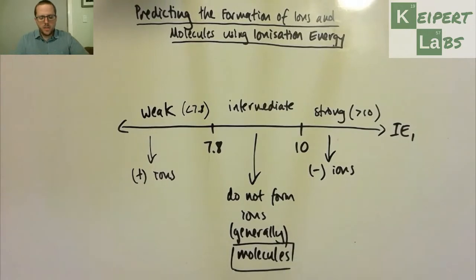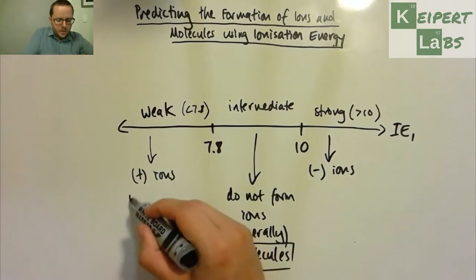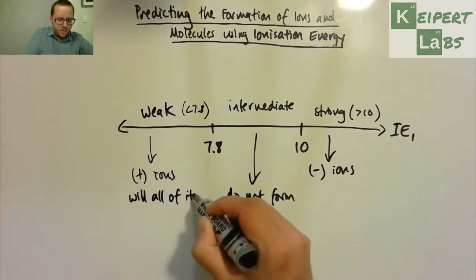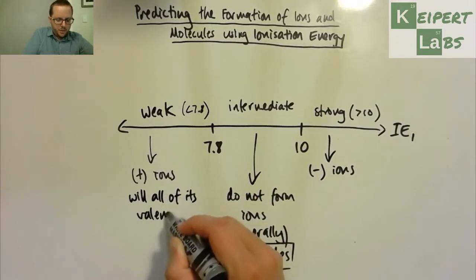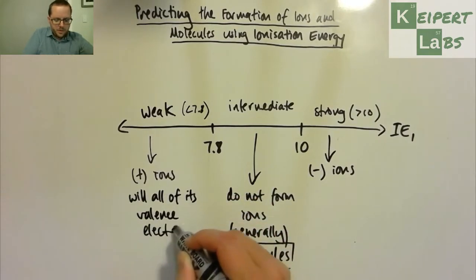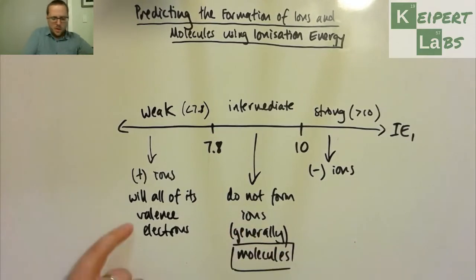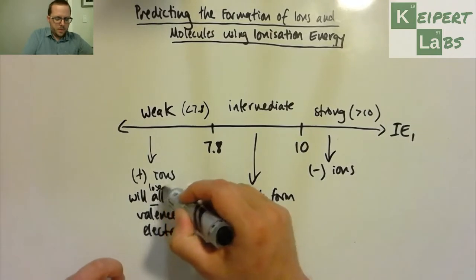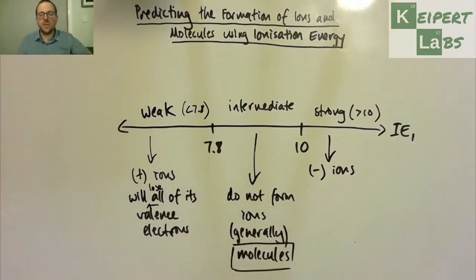If an element is likely to lose electrons, it will lose all of its valence electrons, or its outer shell electrons. So if it's got 2 valence electrons, it loses 2. If it's got 1, it will lose 1. If it's got 3, it will lose 3. If it's got 4, it will potentially lose 4.